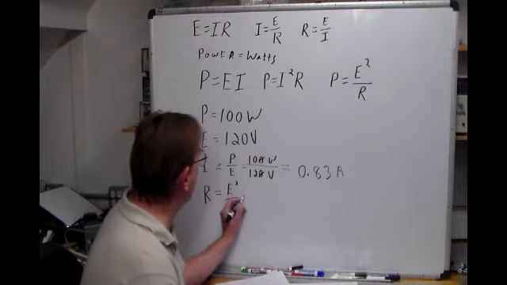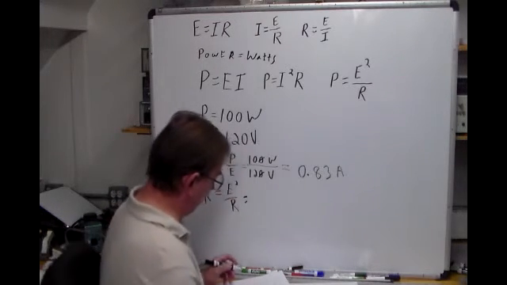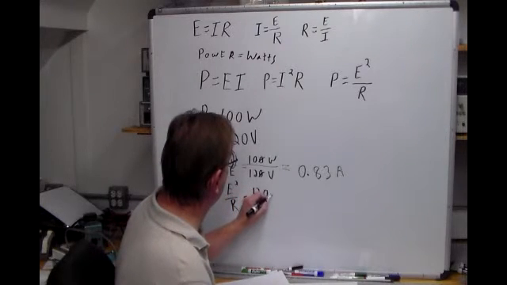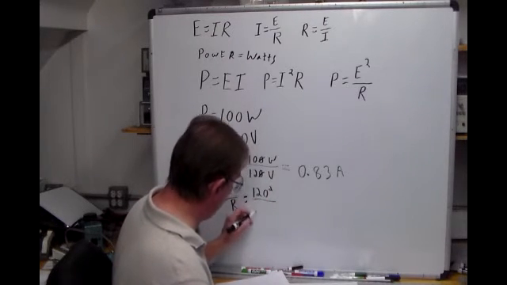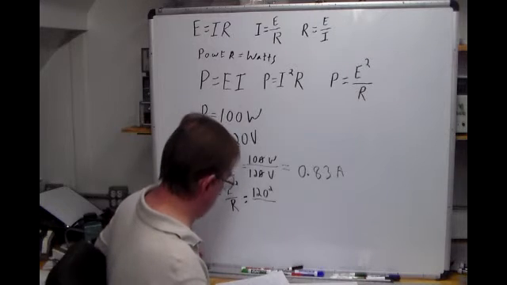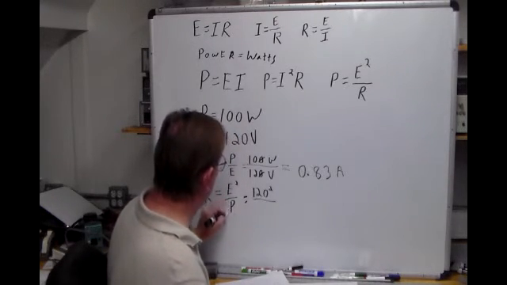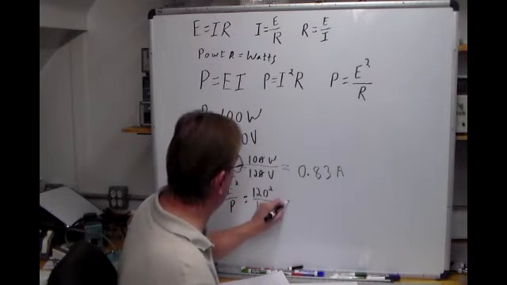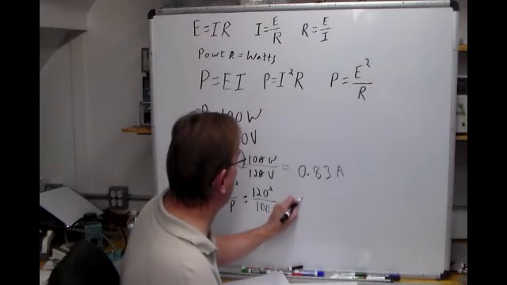So voltage squared over power, and that equals 120 volts squared over 100 watts. Now you chuck it in your calculator, and you come up with 144 ohms.